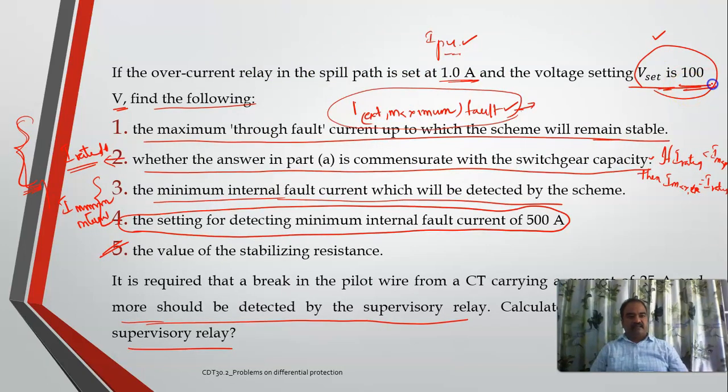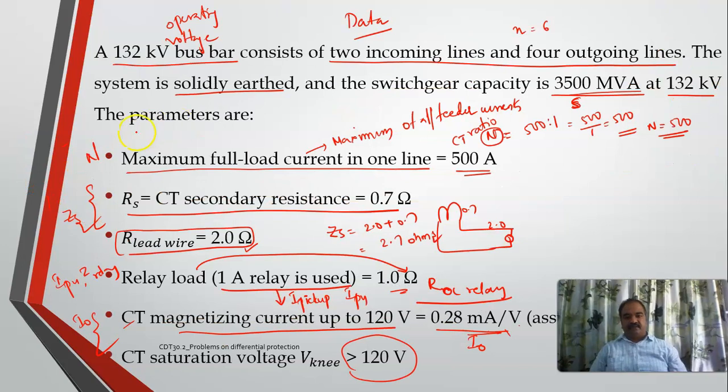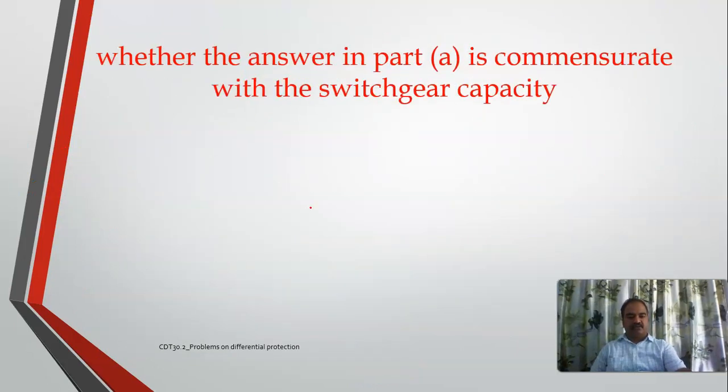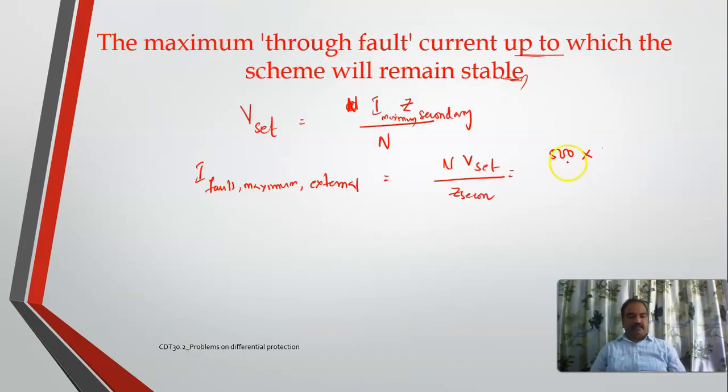It was given as 100, and N was 500 by 1, so it was 500. And ZS is a combination of CT secondary resistance and lead wire, 2 plus 0.7, it is 2.7 ohms. So I am employing these two: 500 into 100 by 2.7.